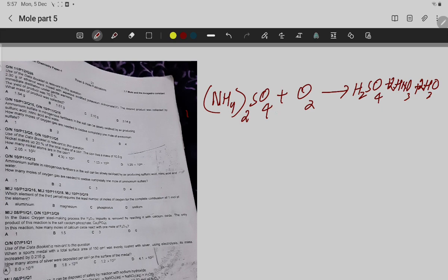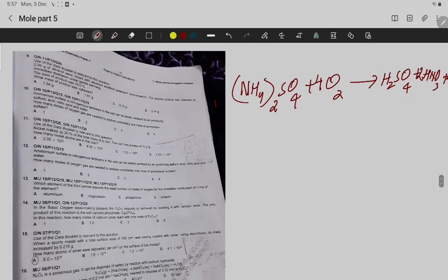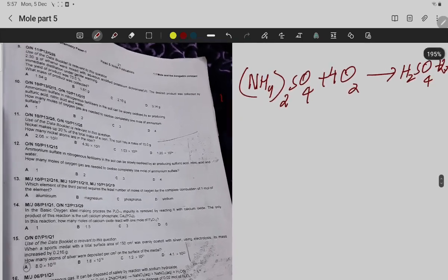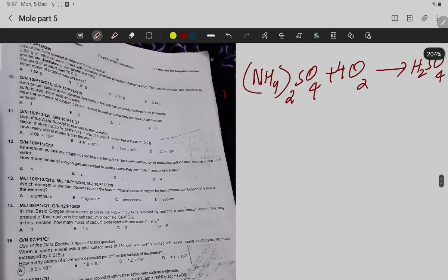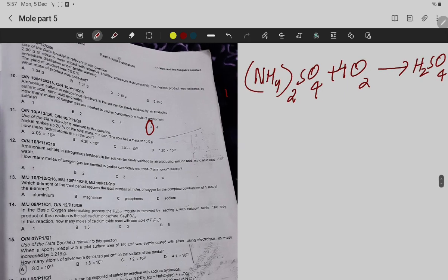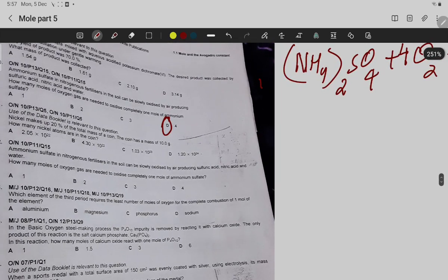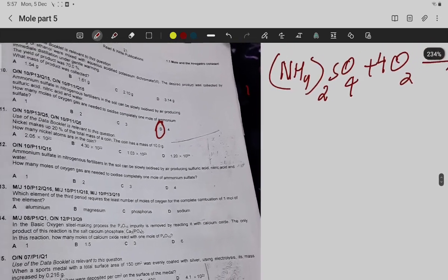This is 4 oxygen and 4 twos are 8. So just balance the reaction and identify the number of moles which is required for this reaction. So the option is D. This is 4, the correct option.